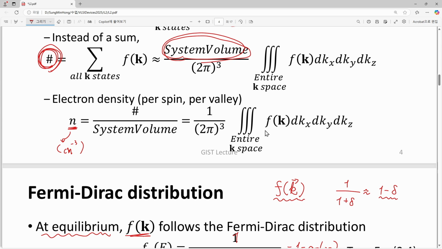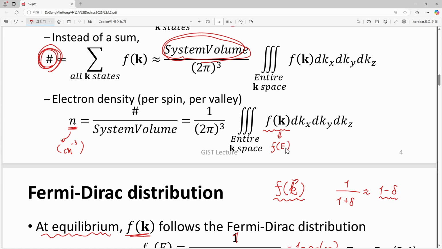However, in general, a distribution function is a function of k position, but at equilibrium, the distribution function is no longer a function of every k point, but it can be just written in this form.